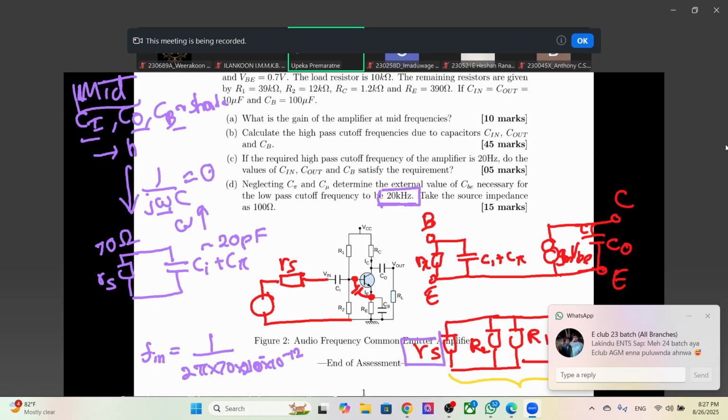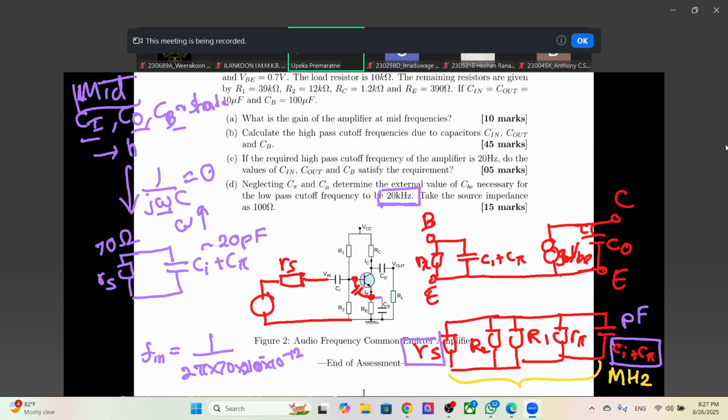So at high frequencies we don't have to worry about this bypass capacitor. We can straight away get rid of it. I hope that answered your question.